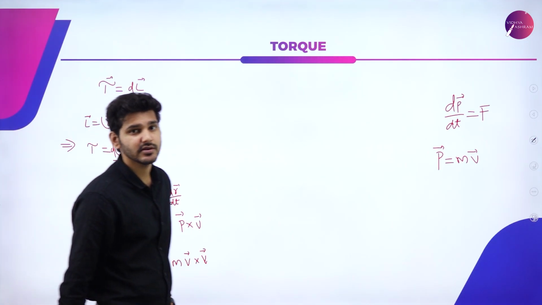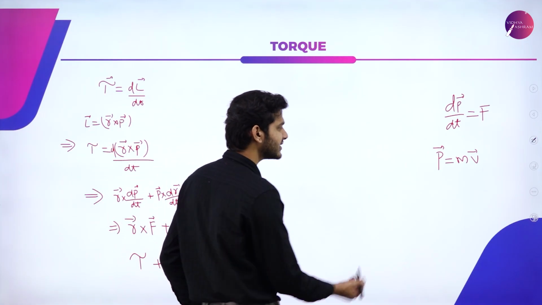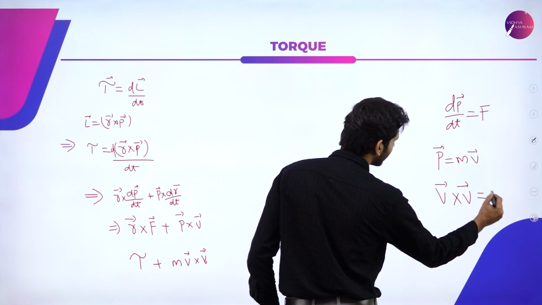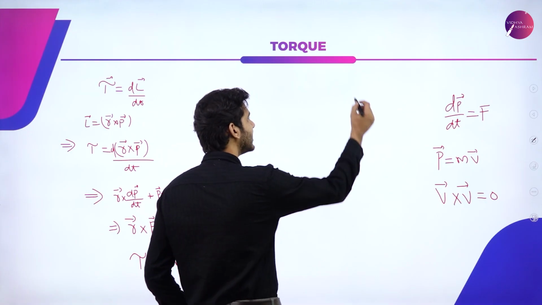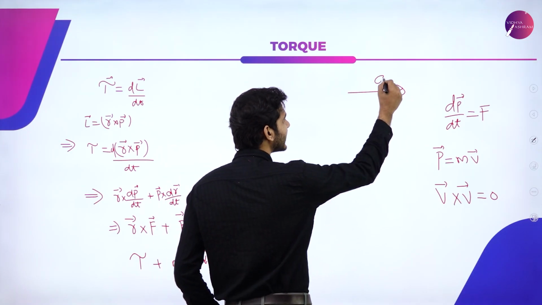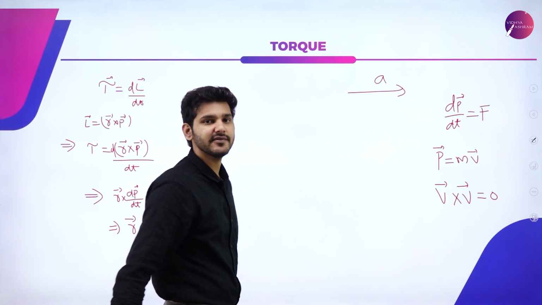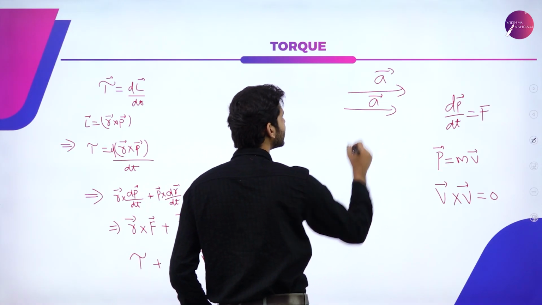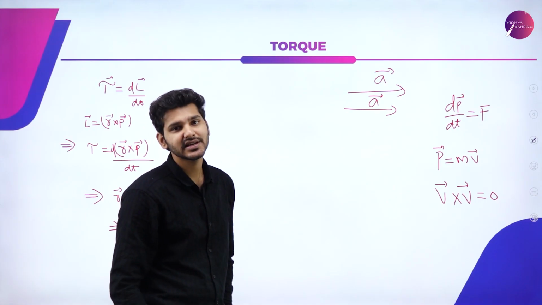What is v cross v? v cross v is equal to 0. Why is it 0? If I take a vector A and cross it with the same vector, it means the angle between them is 0 degrees.